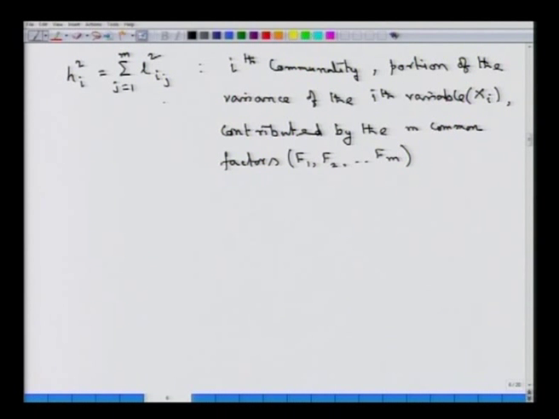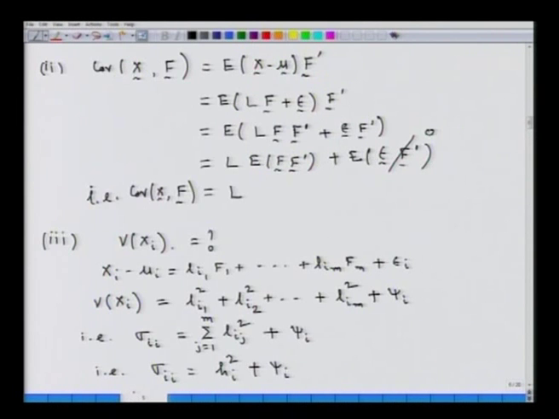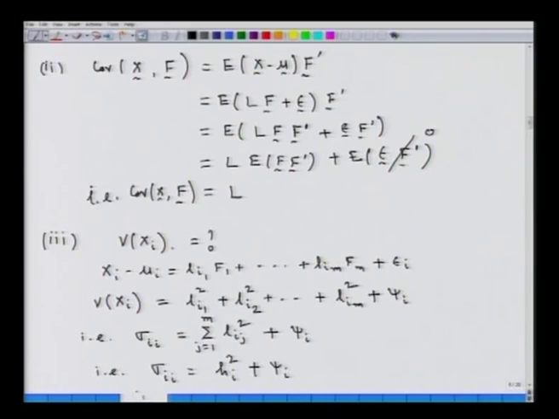Hi square measures the portion of the variance of the ith variable that is contributed by, or can be explained by, the m common factors f1, f2, up to fm. The portion of the variance that the common factors cannot explain goes as the specific variance of the ith specific factor epsilon i, which cannot be captured through the introduced unobservable common factors, right. So this is a workable and important equation: sigma ii equals Hi square plus this psi i factor.